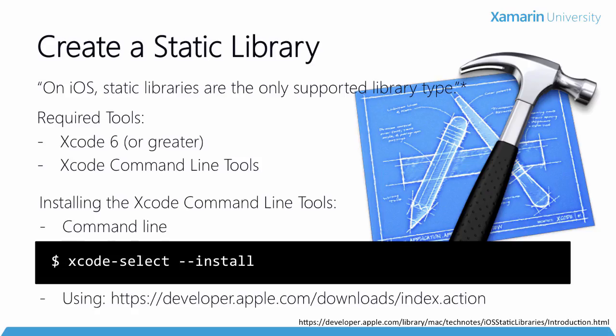On iOS, static libraries are the only supported library type. This means our shared library in its current form is not usable. We will also need to recompile the library to support the iOS ARM processor architectures available. Currently, we only have a library supporting i386. To do this, we will need Xcode. I can hear a lot of you cringing at the idea, but it's a required evil at this point.